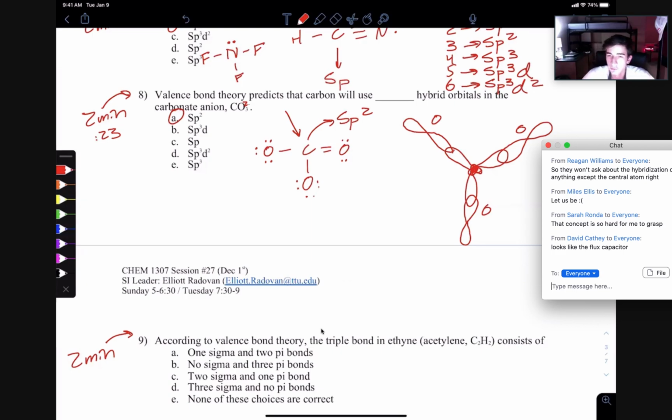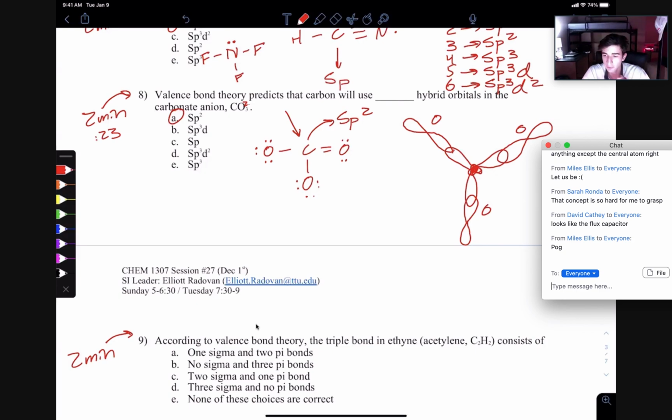If you're not taking OChem, you don't even need to worry because you'll never see it again. If you are taking OChem, chances are it's going to make a lot more sense. They don't usually ask a lot of super conceptual problems about hybridization on Gen Chem exams.